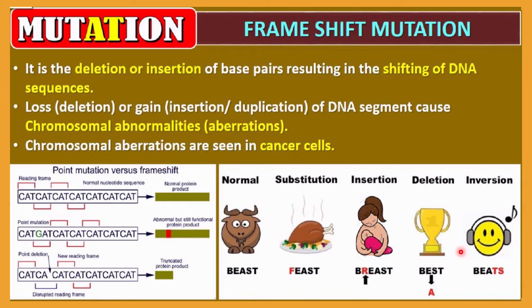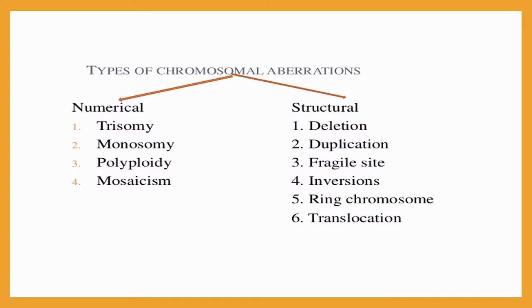That's why this is called chromosomal abnormality or aberration, and sometimes such a chromosomal aberration may lead to cancer cells. This type of chromosomal aberration may be of two kinds. The chromosome may be numerically changed or structurally changed. If numerically changed, they may be divided further into trisomy, monosomy, polyploidy, and mosaicism.